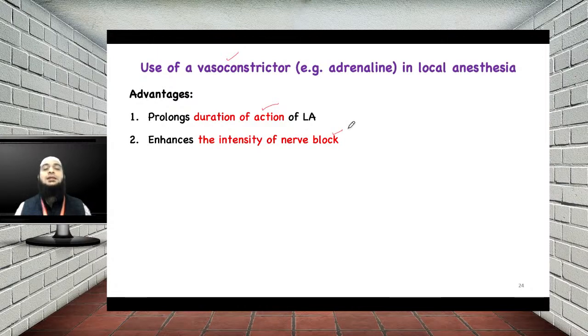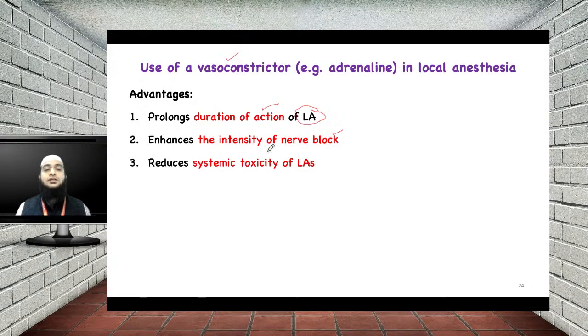It produces synergistic action with the local anesthetics, because in order to produce local anesthesia, the important action is the blockage of different types of nerves. We have seen just now. So the intensity of the nerve block is increased if you are using a vasoconstrictor. So it helps you to speed up the action of the local anesthetics.